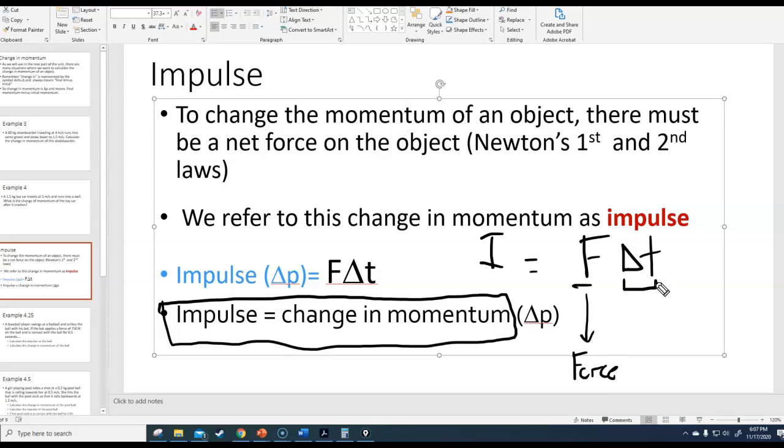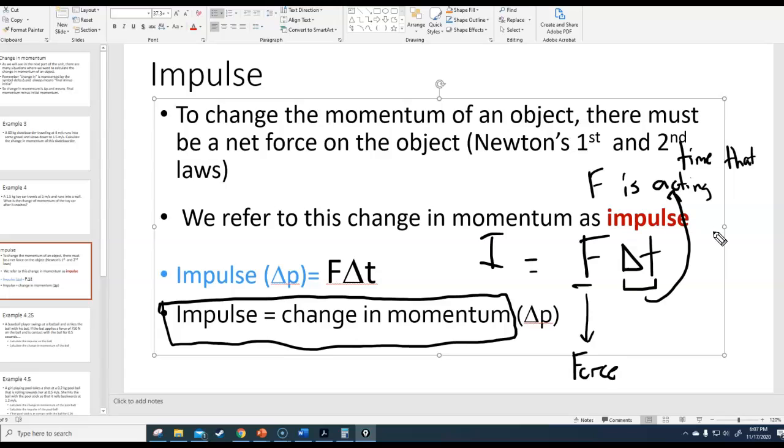Delta T, that's all one thing. It's not delta times T. It's all one thing. This is a specific time. This delta T is the time that the force is acting for. So delta T is how long the force is acting for.